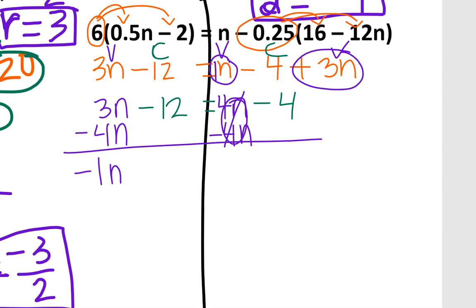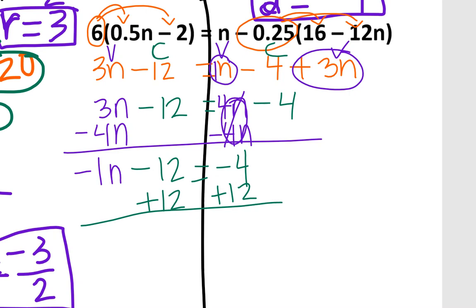I bring down the minus 12 and the negative 4, bring down my constants. So now I'm still trying to isolate the variable using inverse operations. I need to move my constant over by doing the opposite. The opposite of minus 12 is to add 12. What I do to one side, I have to do to the other. This becomes my 0 pair.